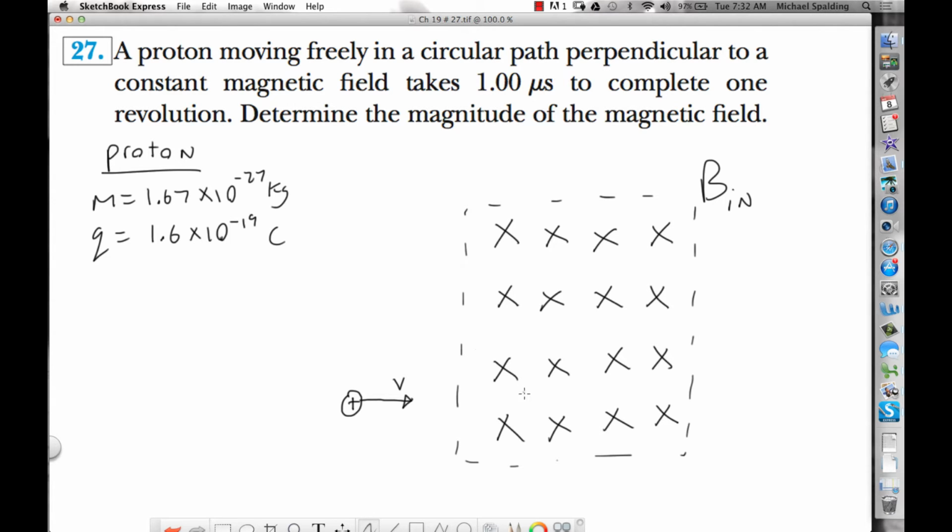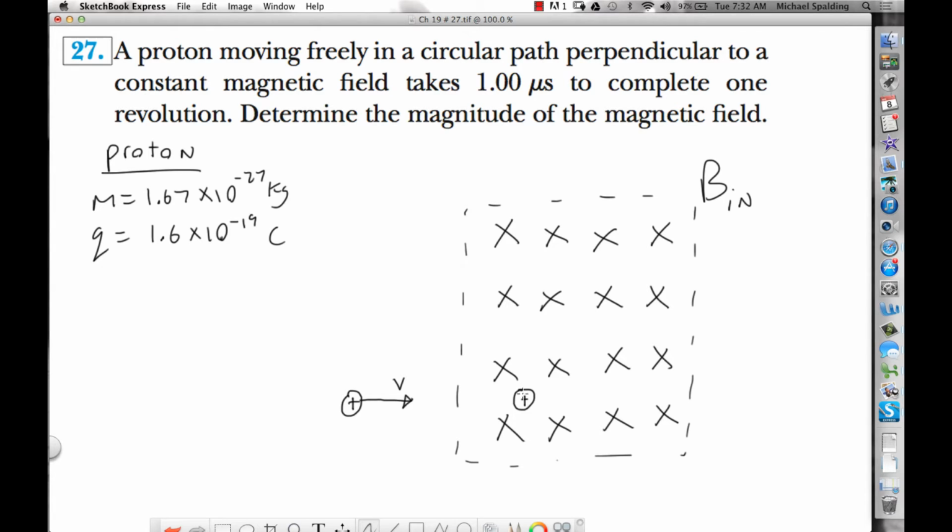Now when the proton enters the magnetic field, which way is the force going to be? To figure that out, you're going to use right-hand rule number 1, the flat hand rule. Your four fingers are going into the page. Your thumb is to the right, so the palm of your hand points up.